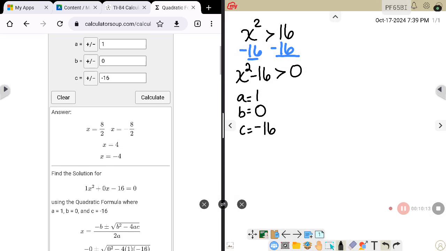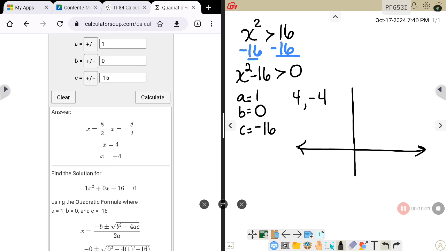And you will see that your zeros are at 4 and negative 4. So those are my x-intercepts. So negative 4, positive 4. Again, x squared is positive, which means I am opening up. This time, again, it wants to know greater than.